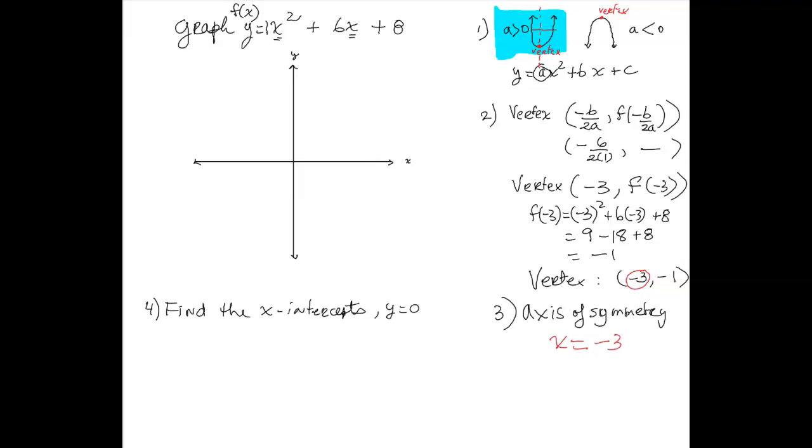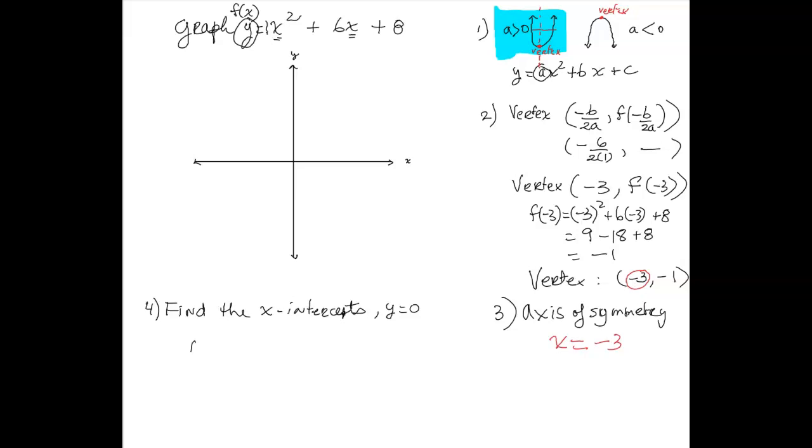If you remember when we did linear equations, if we were to find the x-intercept, we just plug in 0 for the y variable, and then you find your x-intercept. Same scenario here. So the y here is going to be replaced by a 0.